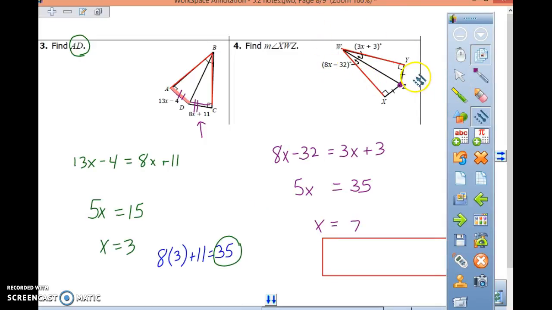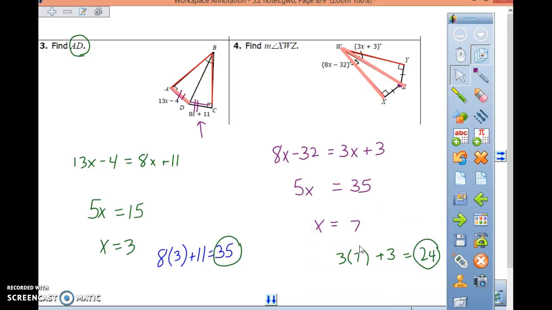And we are trying to find angle XWZ. So half of that entire angle. Again, I chose to use the 3x plus 3 because those numbers were smaller, easier to do in my head. Both angles would be the same.